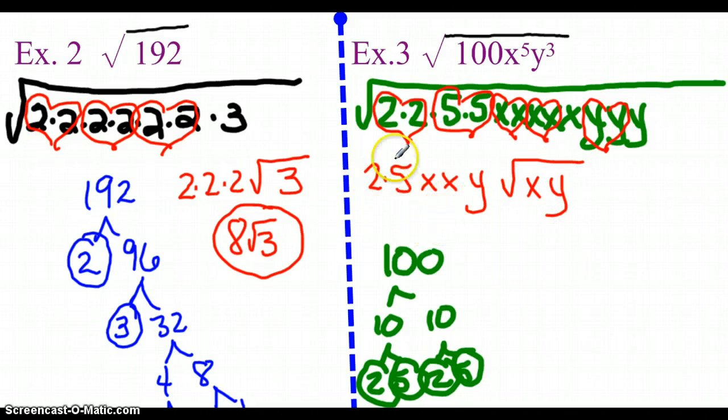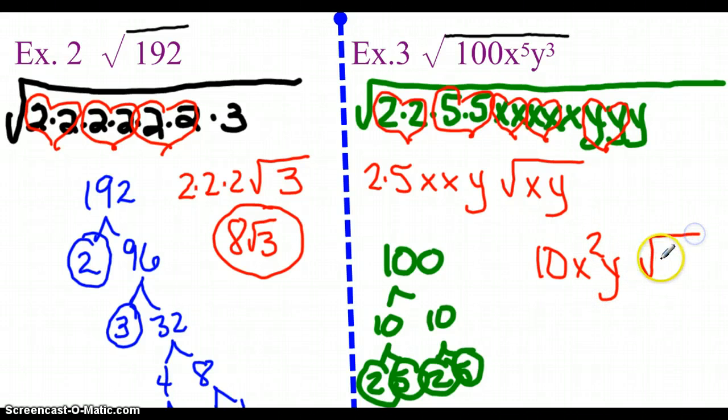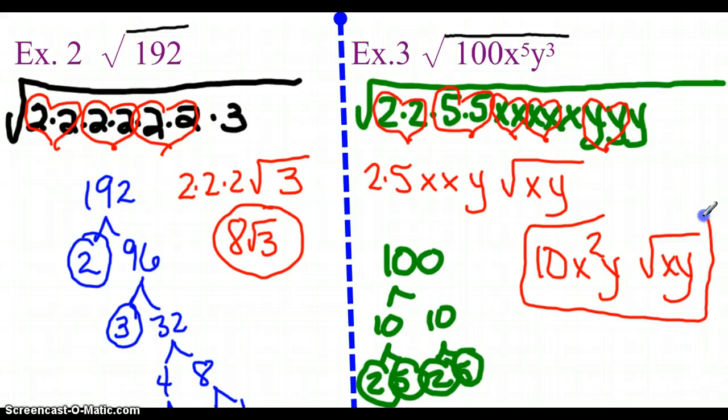Now the big thing in this is the 2 and the 5 can come together to make a 10. x times x is x squared, and then y. And then x, y remain underneath. So this is my most simplified version.